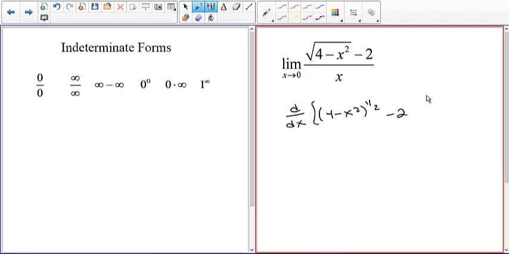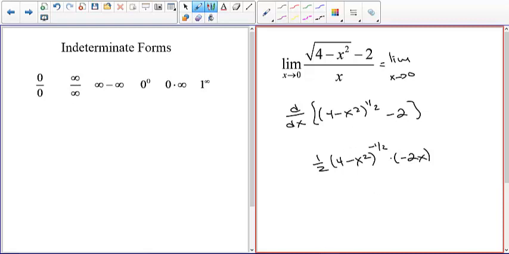So we'll do that. We'll do the derivatives separately, and then we'll stick them in here. So what we'll do is evaluate the limit of the derivatives. So the derivative of this will be 1/2 times 4 minus x squared to the minus 1/2 power times negative 2x.